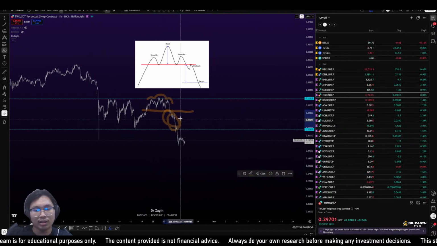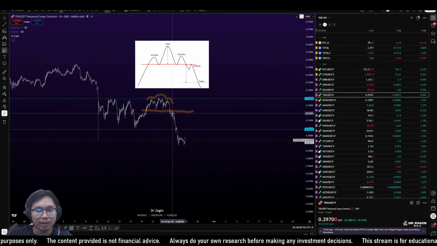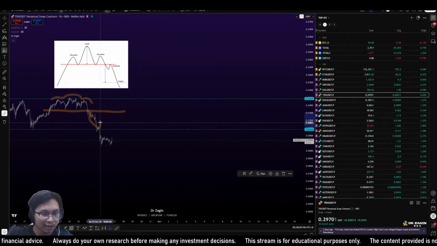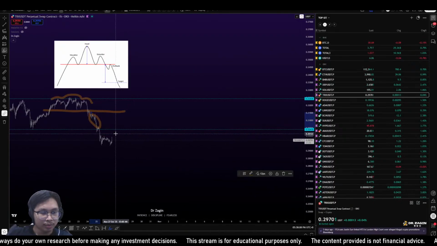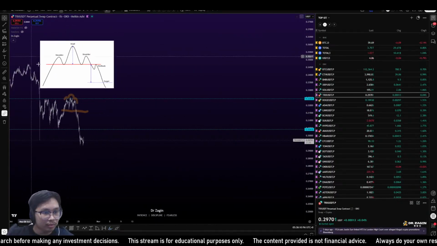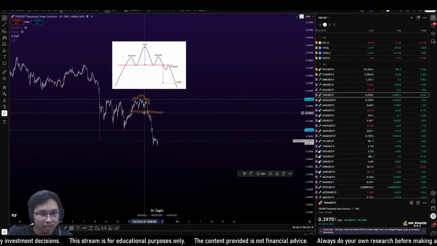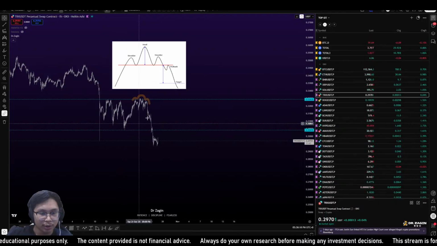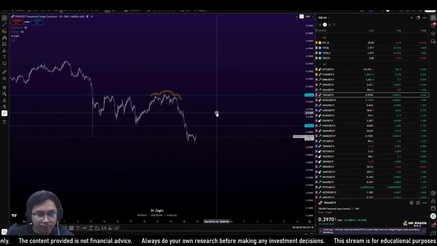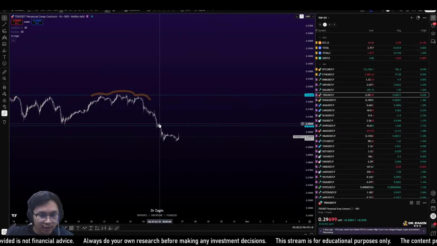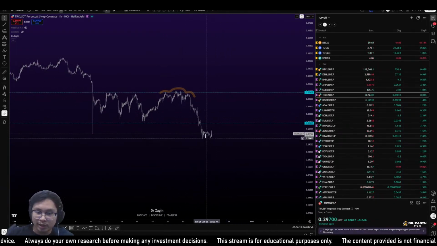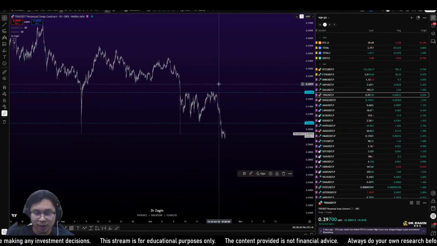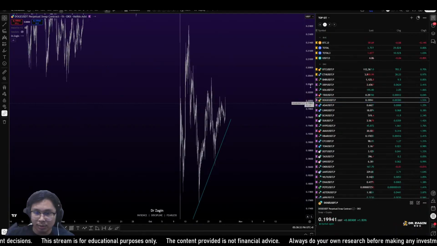It's a good entry. You can enter from the confirmation of this pullback here. His target, I don't know, but my target is previous low, which is this, and it reacted here, but it still went down. So at the moment I have no setup for TRX, so we'll be moving on.